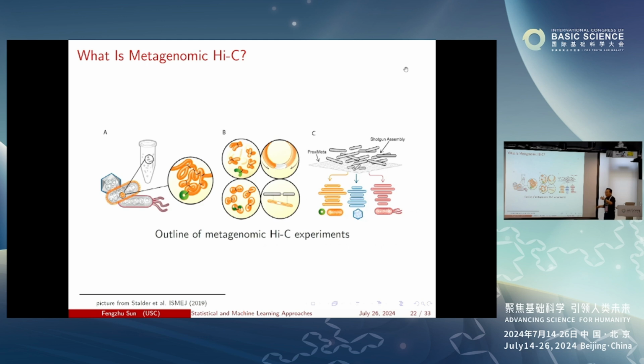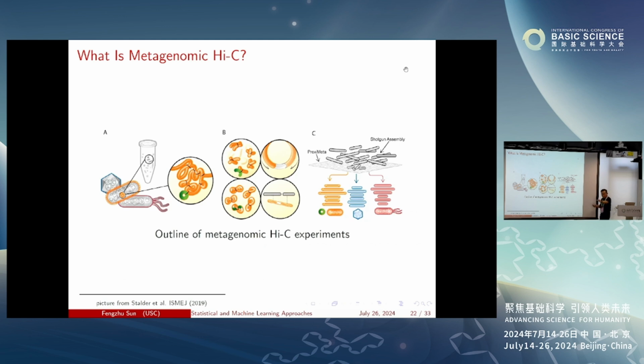Because they link regions that are physically close together, they may not be close together on the genome. They are just physically close together. So those form hybrids, and then they sequence them, and that's the so-called Hi-C read.